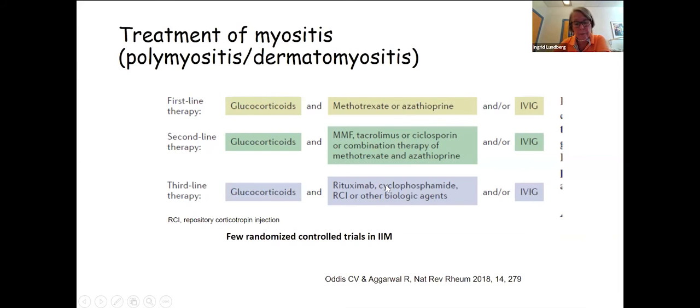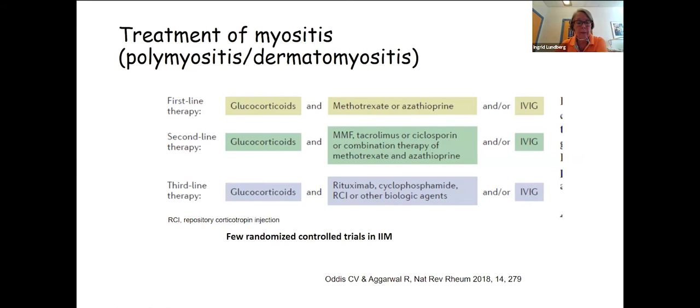As a third-line therapy, there are suggestions to use rituximab, or in some cases cyclophosphamide, or other biological agents. For some cases, something we will discuss further later, you can consider using high-dose IVIG even as first-line therapy. So that can be relevant at all these levels.